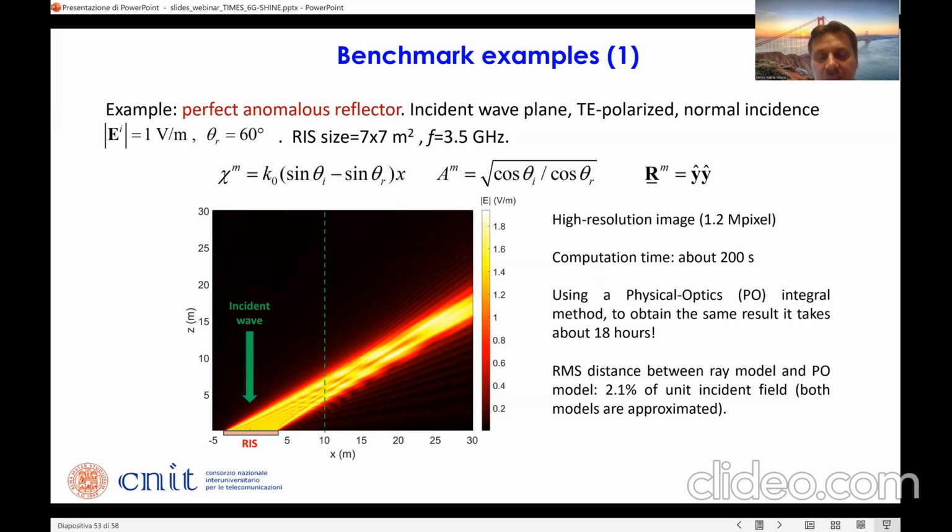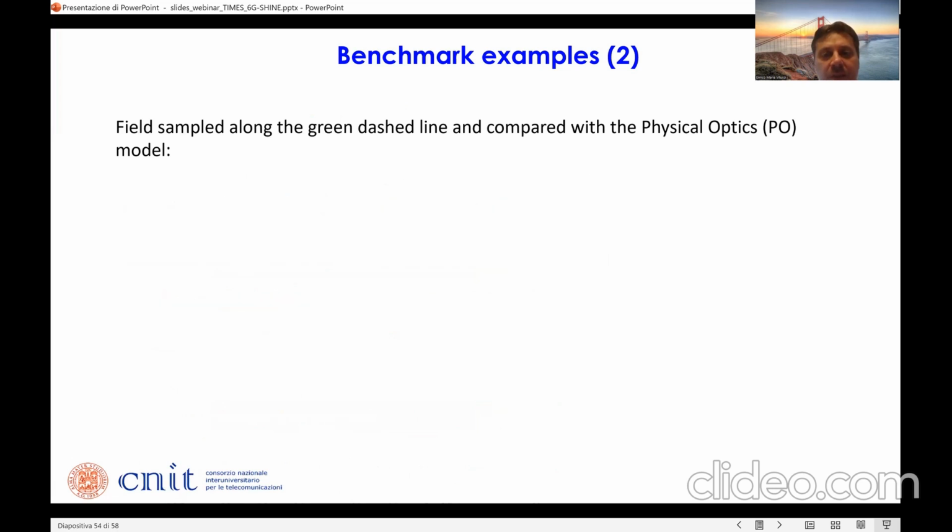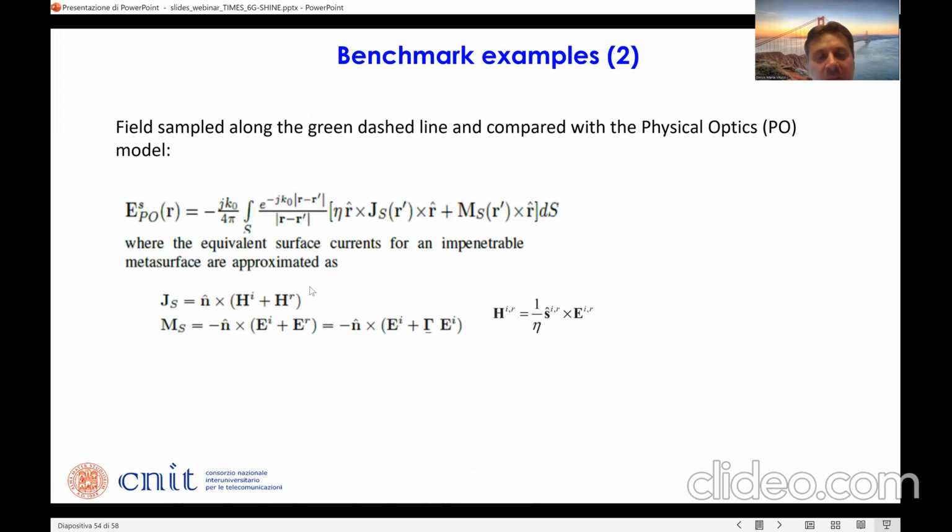One possible different approach could be using the physical optics integral methods, but still to obtain the same result with the physical optics integral, it would take quite a long time, about 18 hours. Actually, we did this simulation using the physical optics method, which is this one.